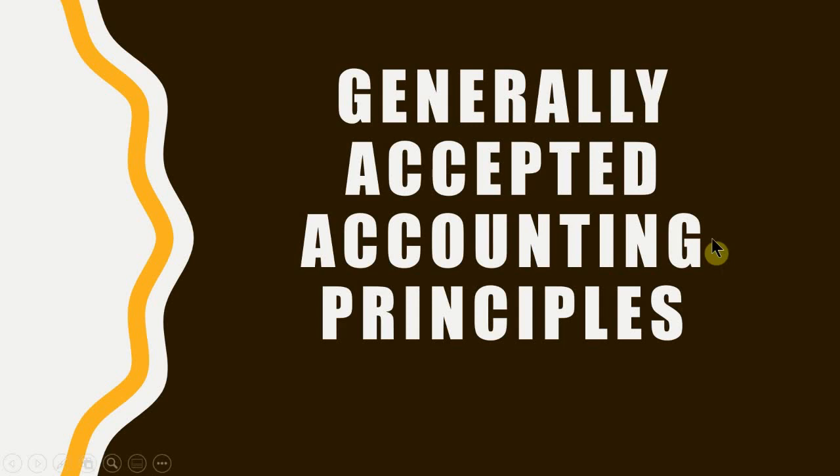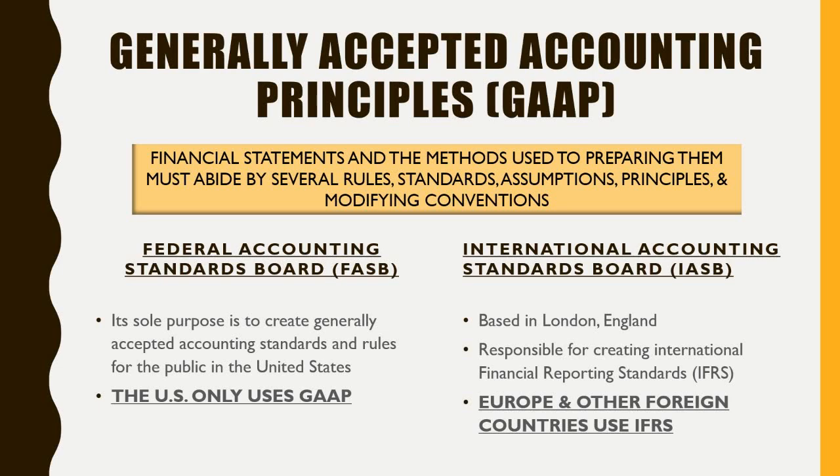Okay, now we are going to be diving into the generally accepted accounting principles. So here is where I've mentioned here and there the difference between the rules that are set for accounting. So first off, what is generally accepted accounting principles?